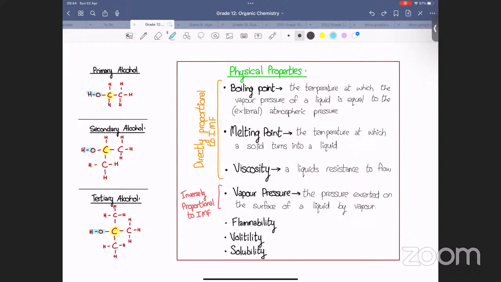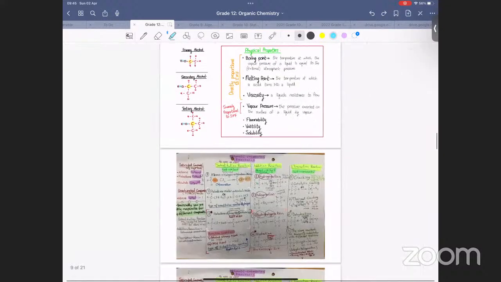If those bonds become stronger, then naturally the boiling point, the point at which you convert to a gas, needs more energy. It will take a lot more temperature and energy to overcome these forces. Same with melting point and viscosity. Vapor pressure is inversely proportional. Those are key things to know.